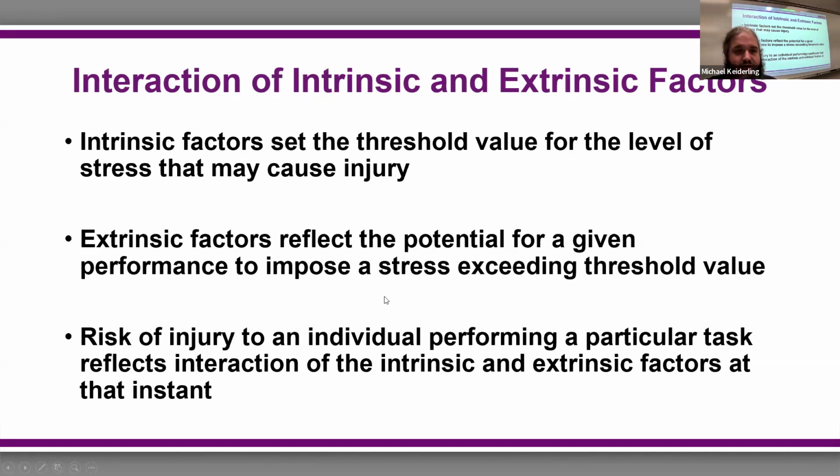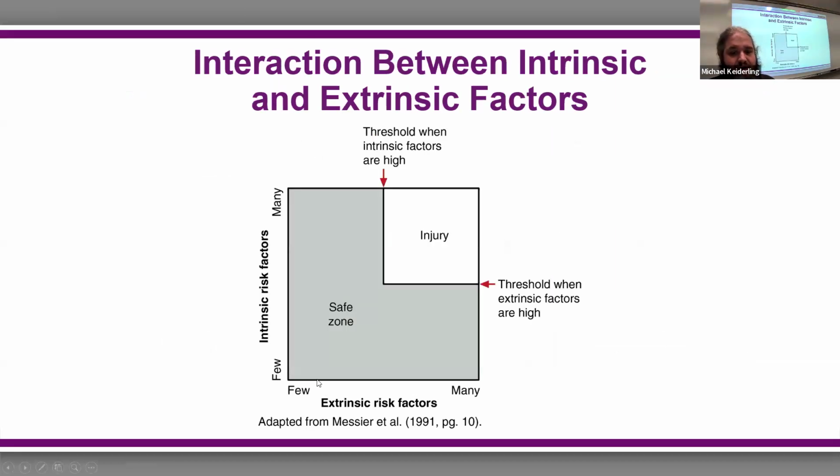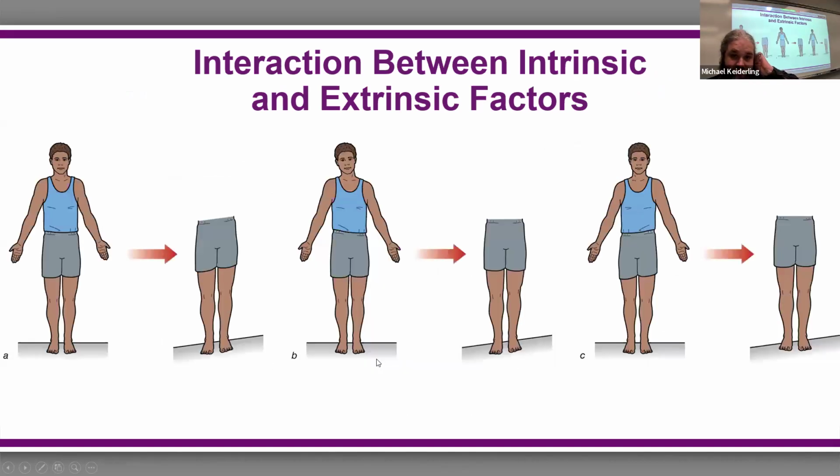So if you have many intrinsic risk factors, there's a threshold where the extrinsic factors will be high enough, and you'll have injury. If you have many extrinsic factors, there's a threshold where your intrinsic factors will be high enough and you'll have injury. But dealing with one or the other can help keep you in the safe zone.